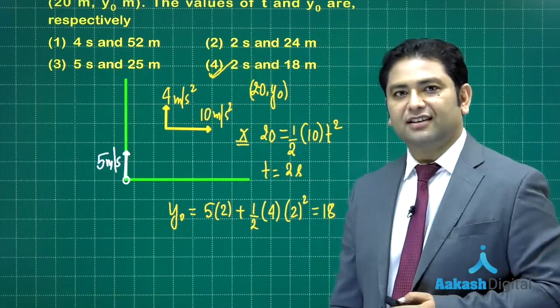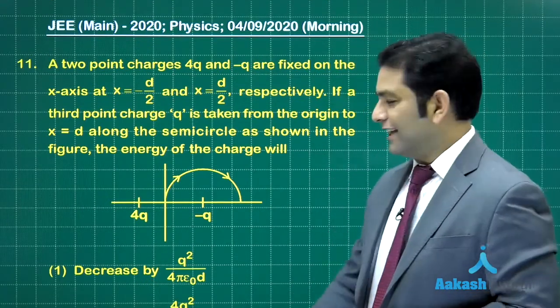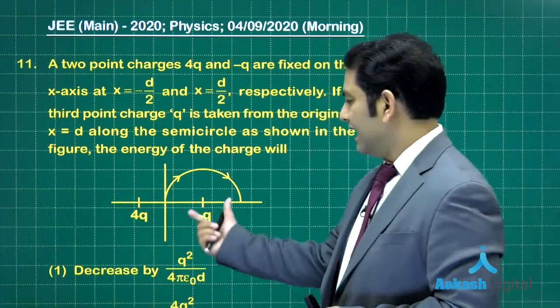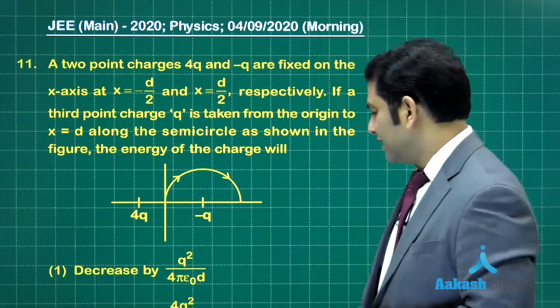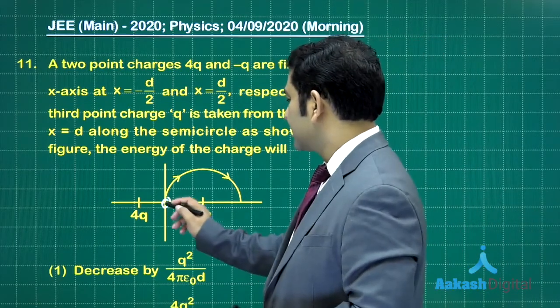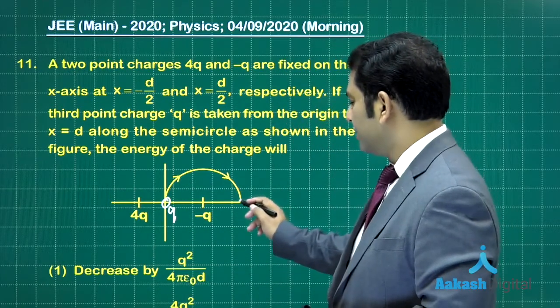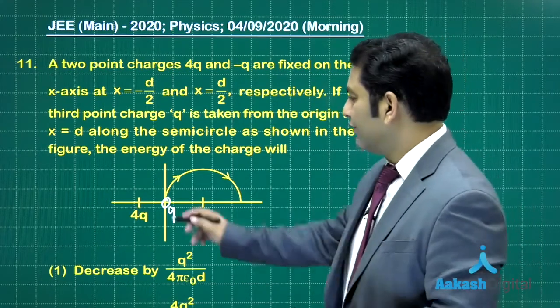Proceeding further. Question number 11, that's from electrostatics. In this configuration, minus q and 4q are the charges at distances d by 2 each from origin. And in the picture, there is another charge, that's q. Initially it was here, and it has been taken to this point, which is at a distance d from the origin, via this path.